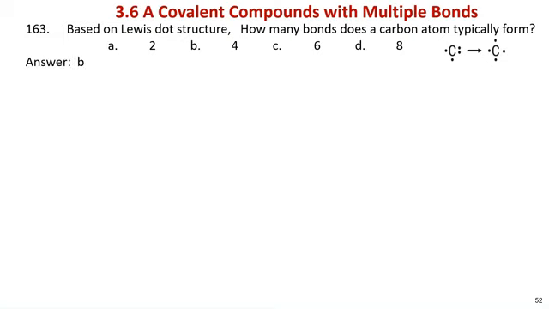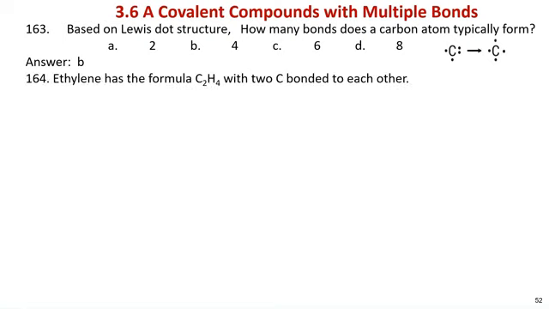Answer is B. When you're making the Lewis structure, it has a lone pair, but it gets excited to four lone pairs of electrons, which could be shared. So therefore, answer is B. How many bonds does carbon make? 4 bonds. Nitrogen makes 3 bonds. Oxygen makes 2 bonds. Chlorine, halogen group, makes 1 bond.